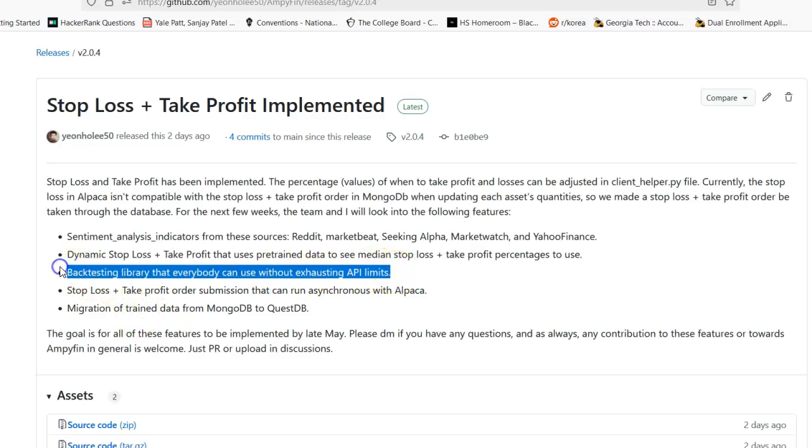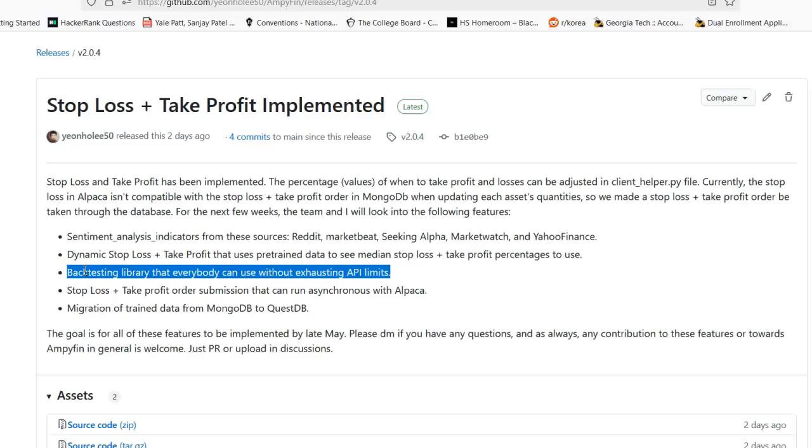And finally, this is what my team and I are building currently as well. We're building a backtesting library that everyone can use without exhausting API limits, and without it being a paid version. Right now I'm using a backtesting library that's paid.